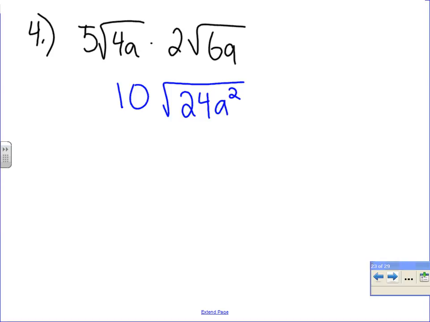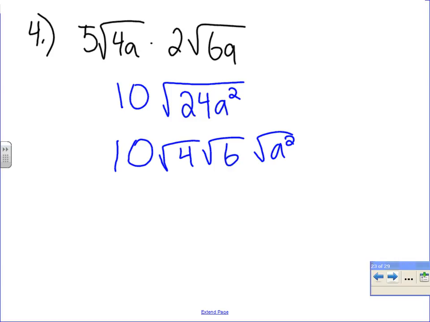Now we're going to split this one up. Haley L., what can we change 24 to? Yep. So we're going to change 24 to 6 and 4. Do we need to split a squared up into anything? No, because it's an even number exponent. So just leave that like it is.